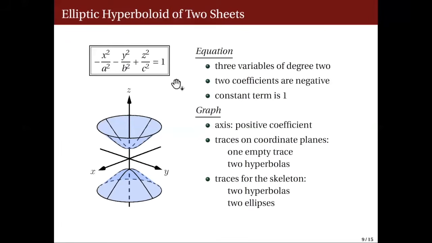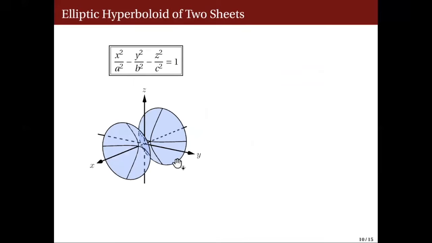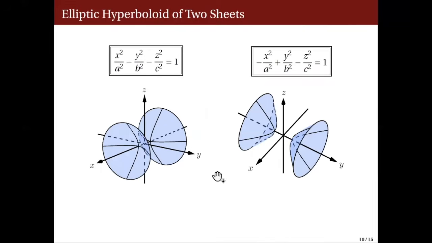Please note that this is just a form for the equation of the elliptic hyperboloid of two sheets. There are 2 possible orientations when you rotate this 90 degrees towards the y-axis or 90 degrees towards the x-axis. That means this positive sign may commute. If this is located on the y variable or on the x variable, then we have the following orientation.